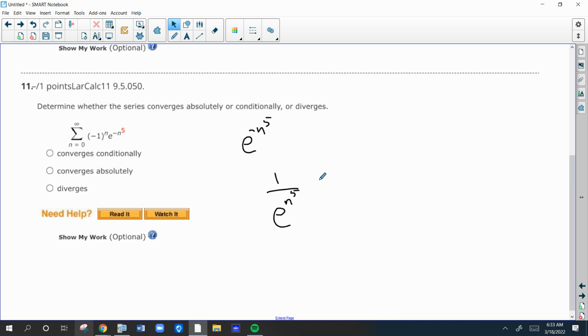However, it's really pretty simple because this number down here is pretty big, much bigger than if it were, say, n squared. So that's an easy inequality. 1 over n squared converges, so that means this converges. So this has absolute convergence.